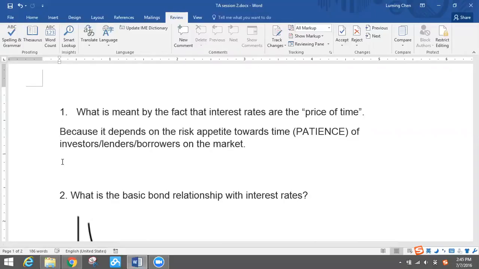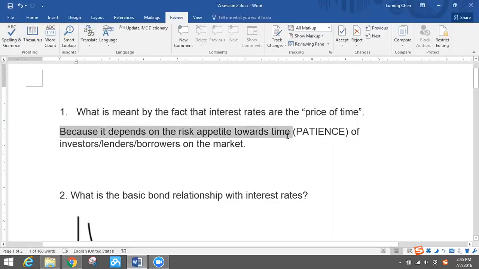So first, what is meant by the fact that interest rates are the price of time? If it's the price of time, it should be based on time, and it's a price between now and the future. The interest rate depends on the risk appetite towards time, which we normally refer to as patience in everyday use.